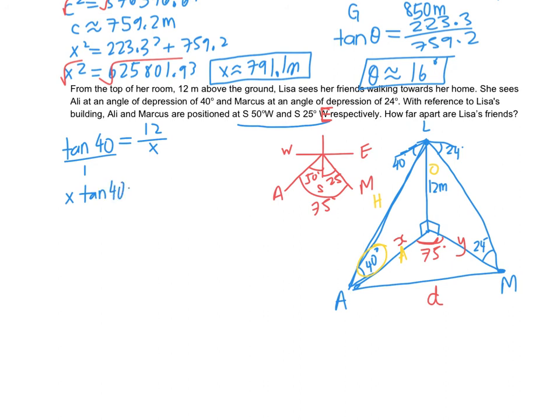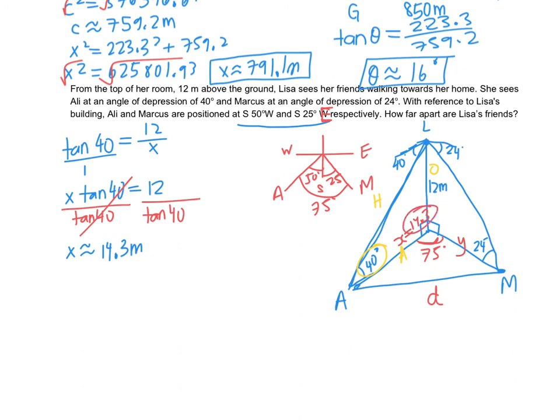X gets multiplied with tan 40, but I want to isolate for X, so I'm going to divide both sides by tan 40, so they cancel out on the left, and then tan 40 on the right. So 12 divided by tan 40 is what we're plugging into the calculator. Pause the video to see if you plug it in correctly, but you should get 14.3 meters for X. So 14.3.